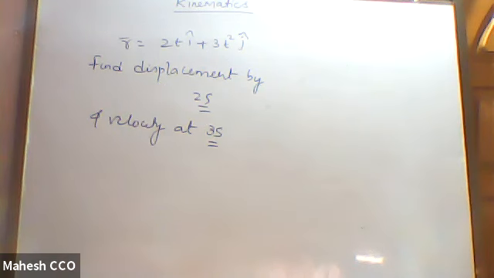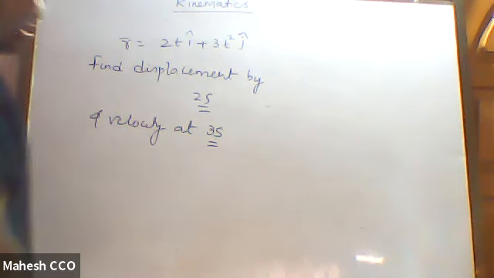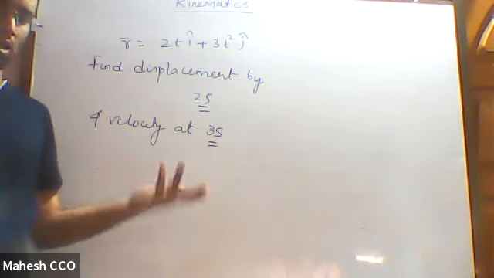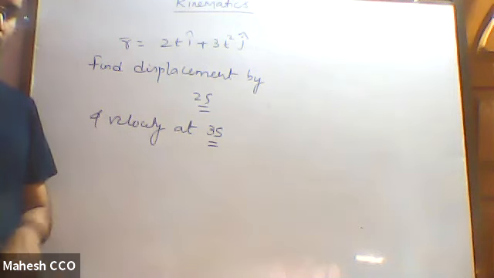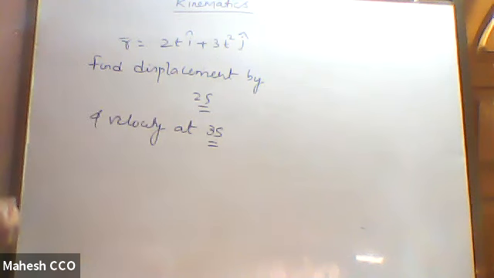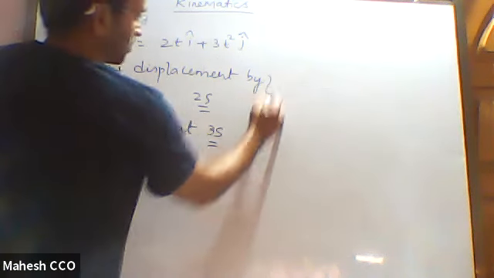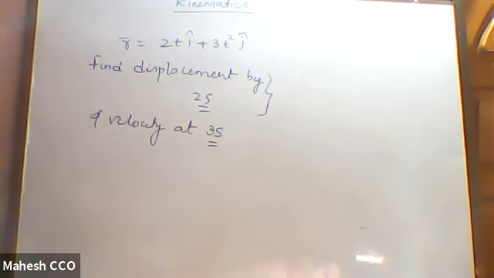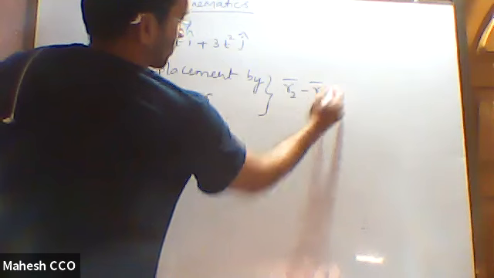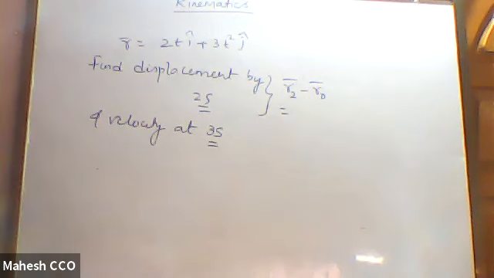Then what you have to do is, displacement by 2 seconds: by default they mean the displacement between t equal to 0 and t equal to 2, because the initial instant is not given, we take t equal to 0 as the initial instant. Displacement by 2 seconds will be nothing but R2 bar minus R0 bar.